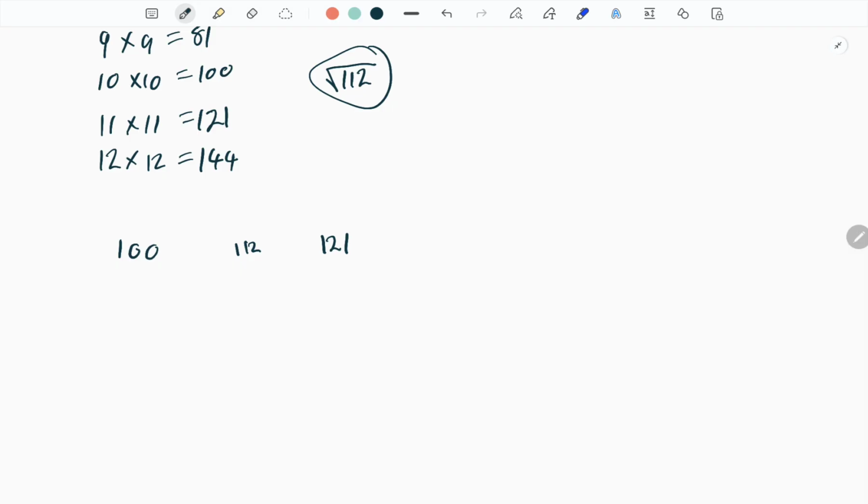So we say this 112 is greater than 100, and again 112 is less than 121.